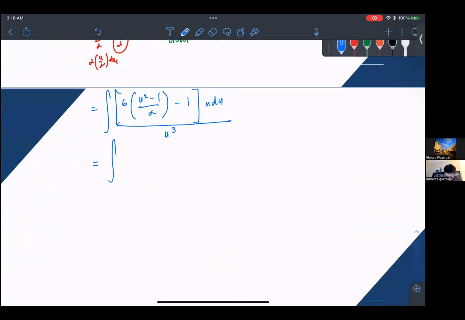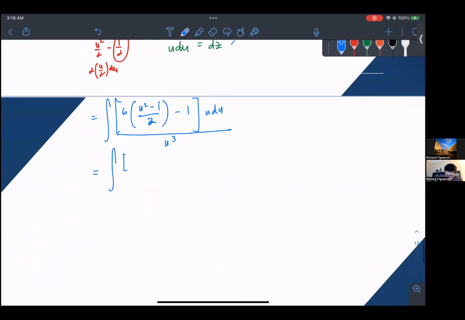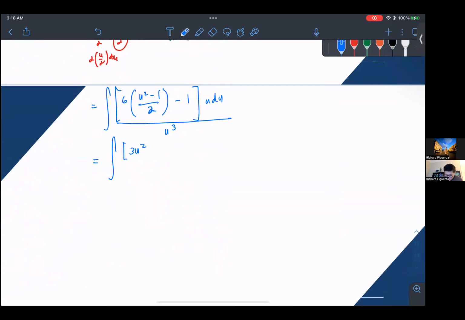So simplifying this, it will give us 6 over 2, right? So that's 3, so 3 times u squared minus 3. Then minus 1.